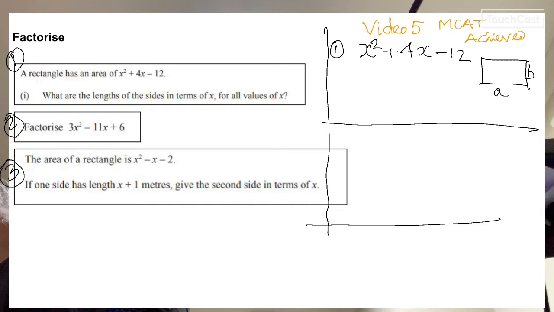So basically they are asking us to factorize those. Factorizing is when we sort of get to a rectangle, and if we multiply the length times width, that gives you the area.